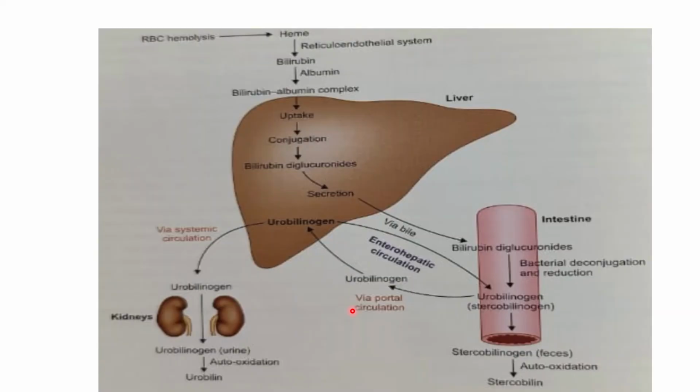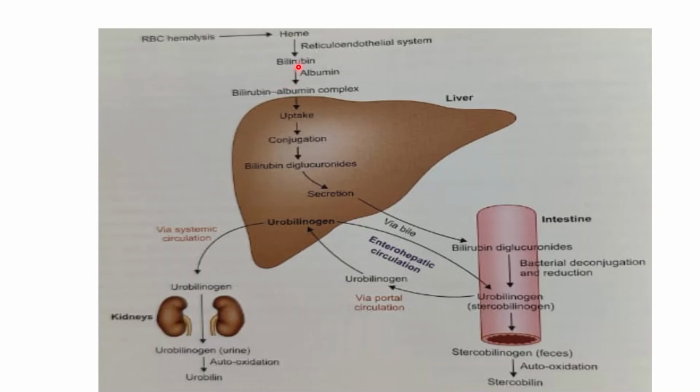Now with the help of this diagram I will summarize the whole thing. As I told you, when RBC hemolysis takes place, the senescent RBCs are destroyed in the reticuloendothelial system.